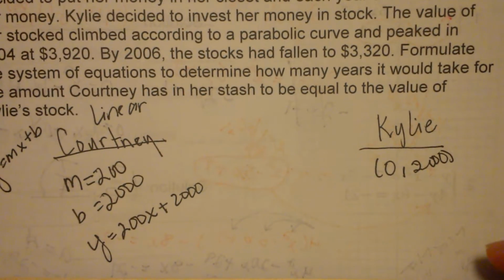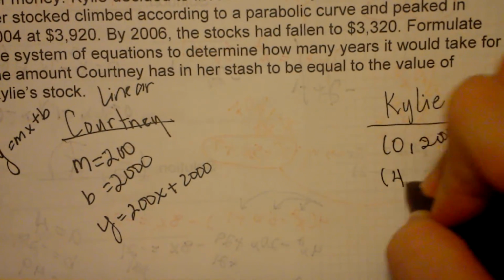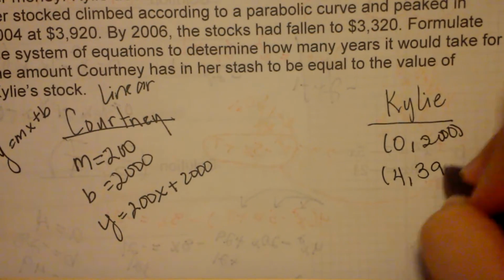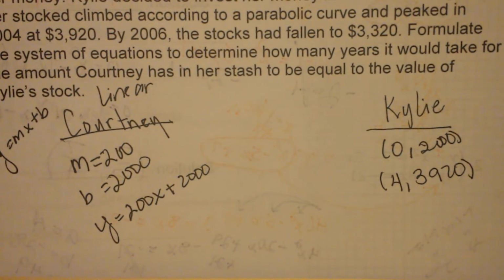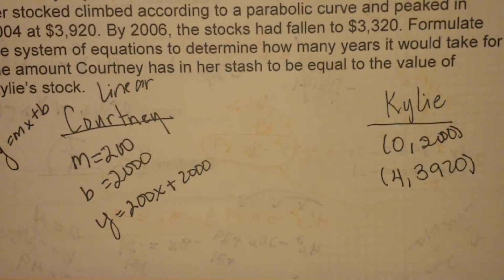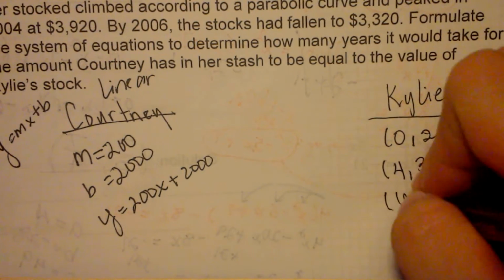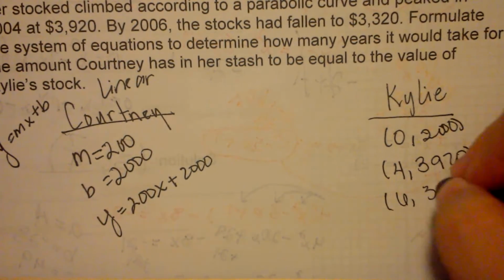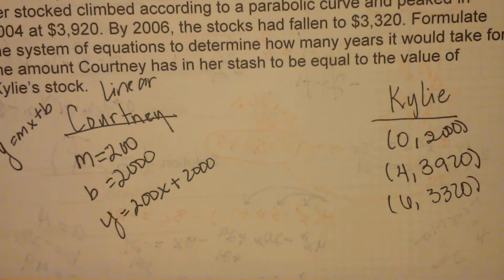And then 4 years later, she had $3,920, which I would have pulled out of the stock market by then. Then 2006, that's 6 years after she started, she had $3,320. So I have 3 points. I know it's a parabola. It told me it was a parabolic curve. I need to go and put that in the calculator.